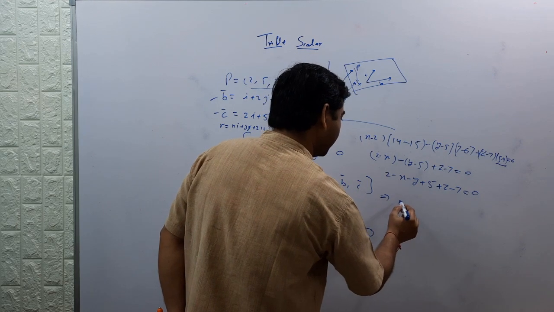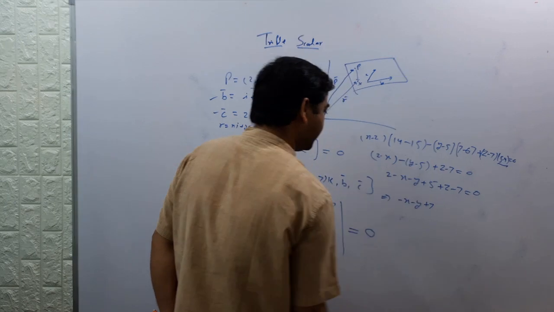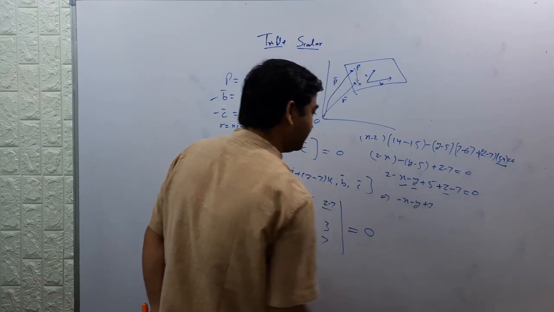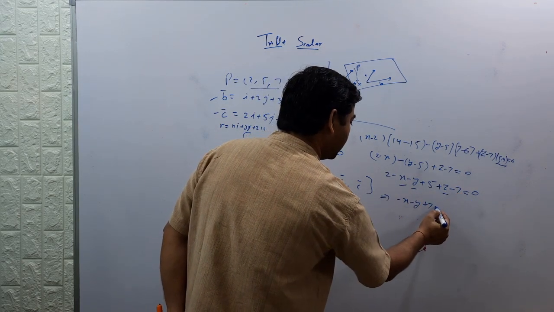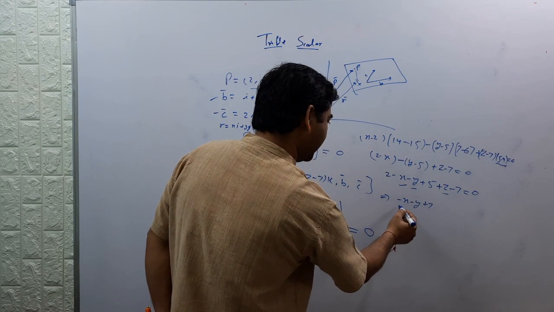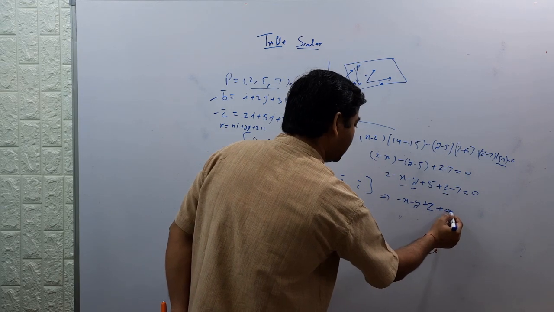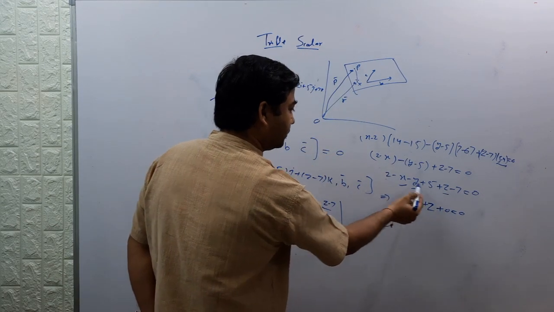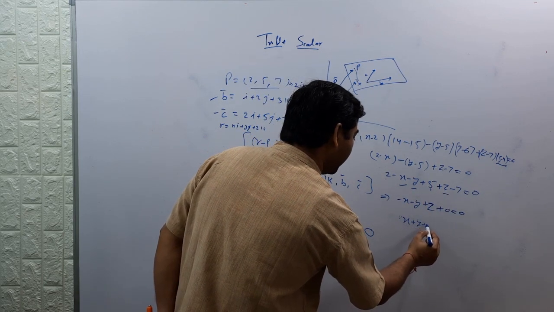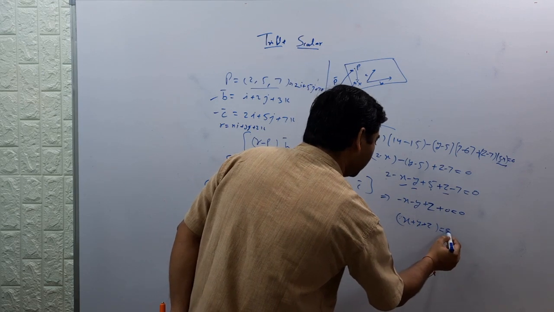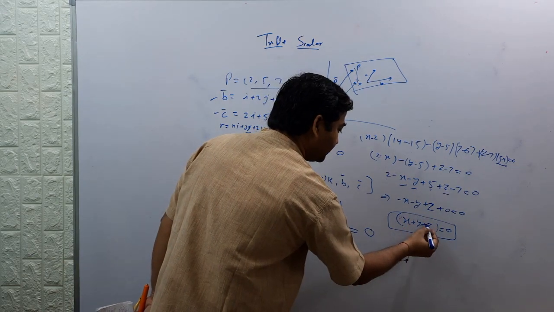It can be written as minus x minus y plus z, plus 2 plus 5 minus 7, which is 0. So minus x minus y plus z equals 0, and this equation can be written as x plus y minus z is equal to 0. The equation of the plane is x plus y minus z equals 0.